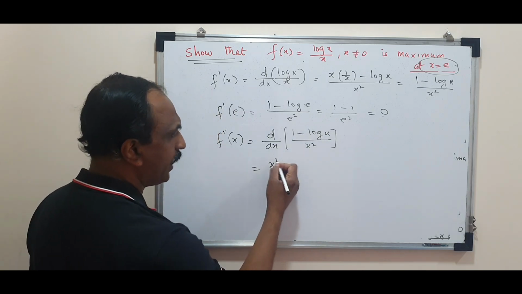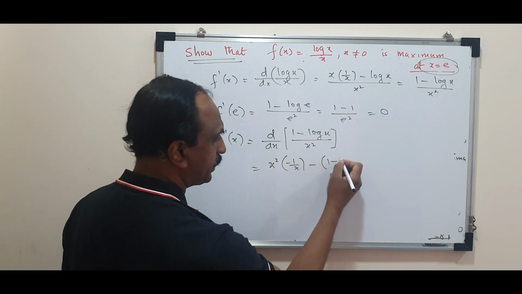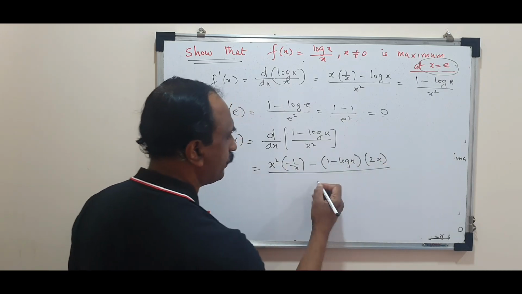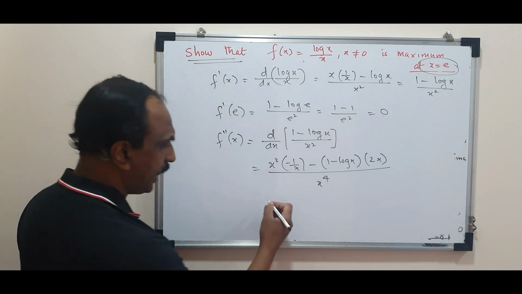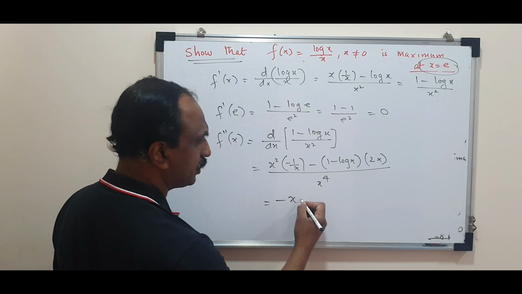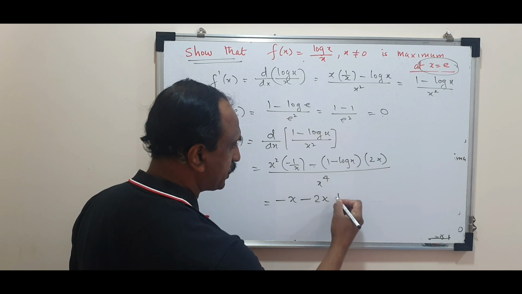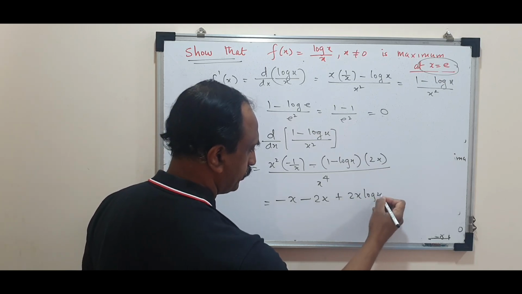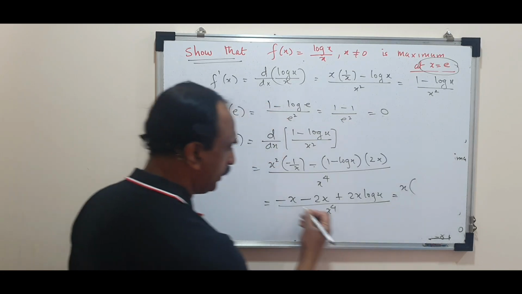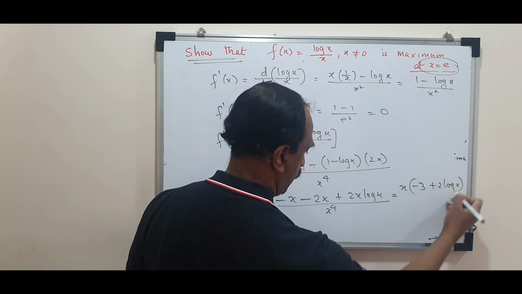So I start from x square into derivative of the numerator minus numerator into derivative of the denominator, upon square of the denominator. That gives me minus x minus 2x plus 2x log x upon x raised to 4. So that is, if I take x common, x into minus 3 plus 2 log x upon x raised to 4.